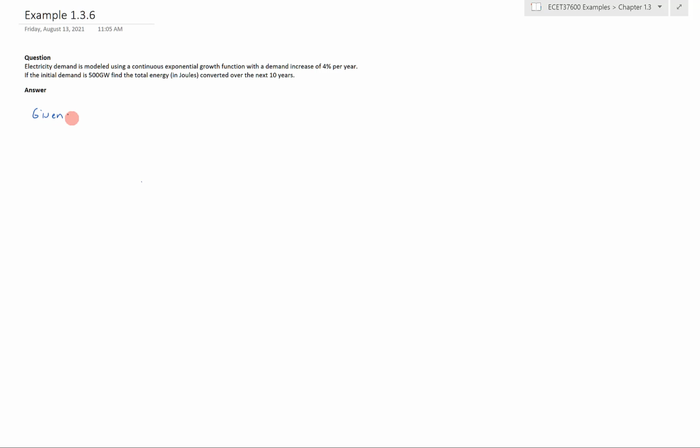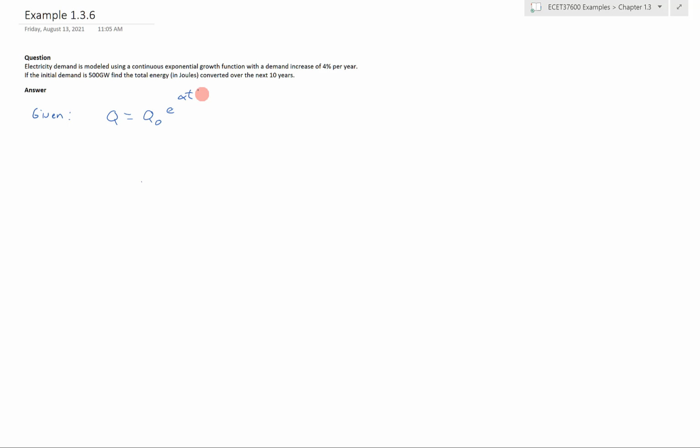from this problem are that it's a continuous exponential function, so we're going to use the equation that the energy or demand in the future is Q0, the initial demand, times the natural number e raised to the power of the growth rate times the number of years. Q equals Q0 e to the alpha t.